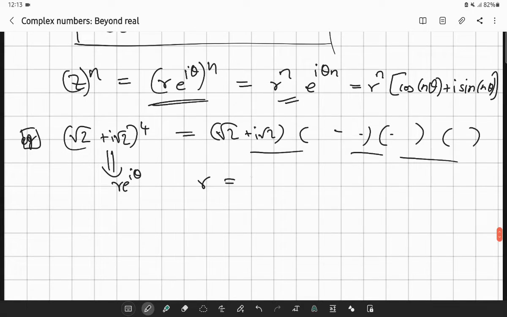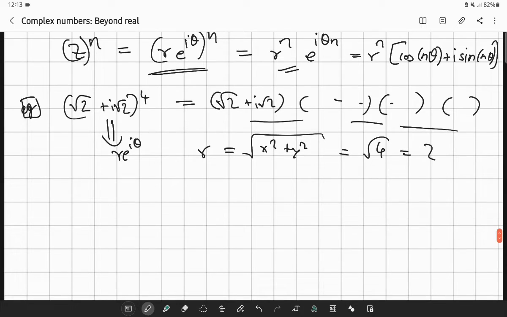Again, r equals square root of x squared plus y squared, which in this case is square root of 4, which equals 2. And theta equals tan inverse of root 2 over root 2, which is 45 degrees, or pi over 4.